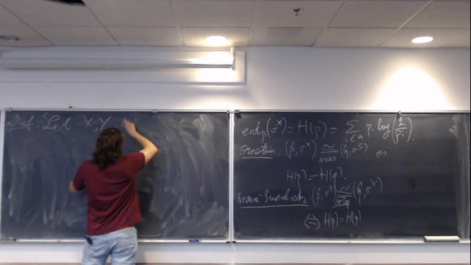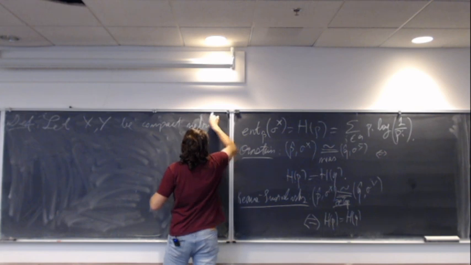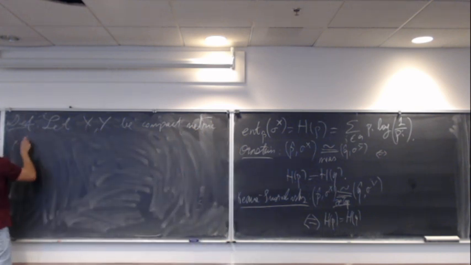Let X, Y be compact metric, and mu and nu be probabilities.